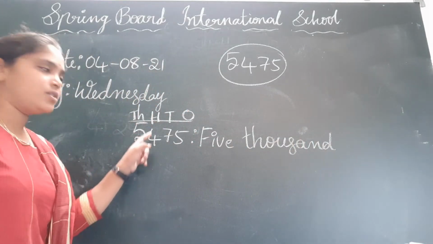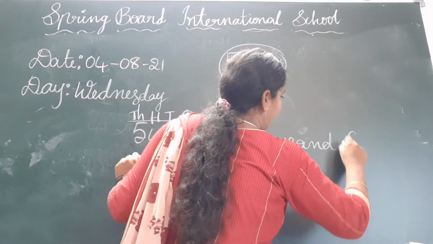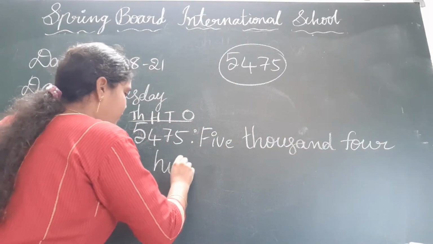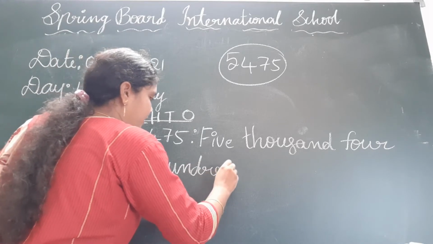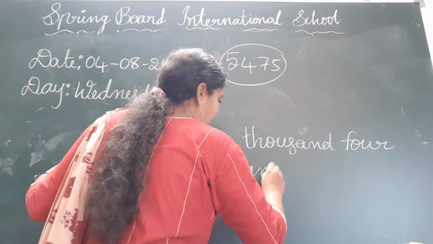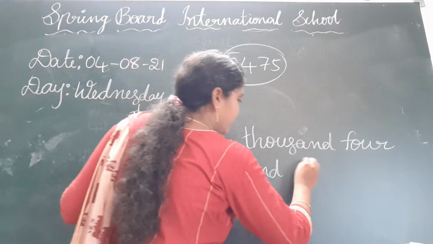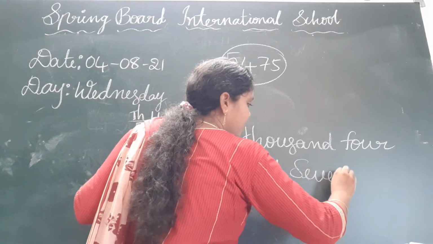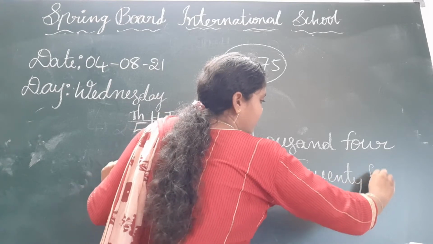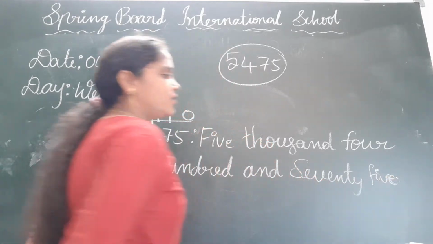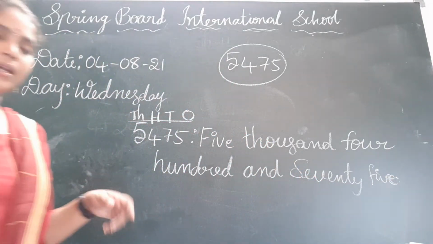How many hundreds, children? 400. Here 4 is in the hundreds place. 400 and 75. 5475. So write everyone the number and the number name.